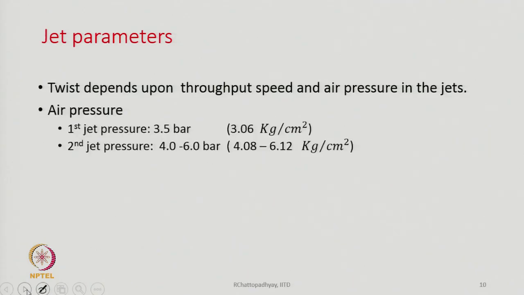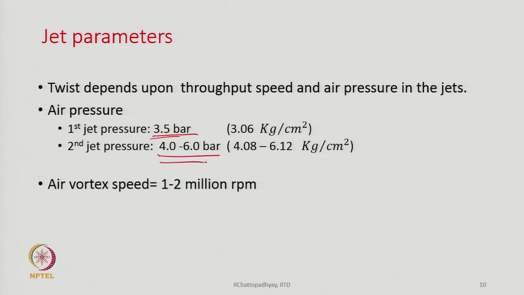Now, generally two jets are used in air jet spinning. The first jet pressure is typically 3.5 bar or close to that. The second jet pressure remains in the range of 4 to 6 bar, and bar to kg per centimeter square pressure conversion is given here.